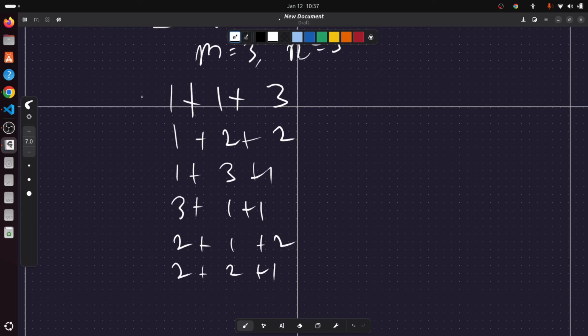So these are the 6 ways of dividing di into 3 numbers.